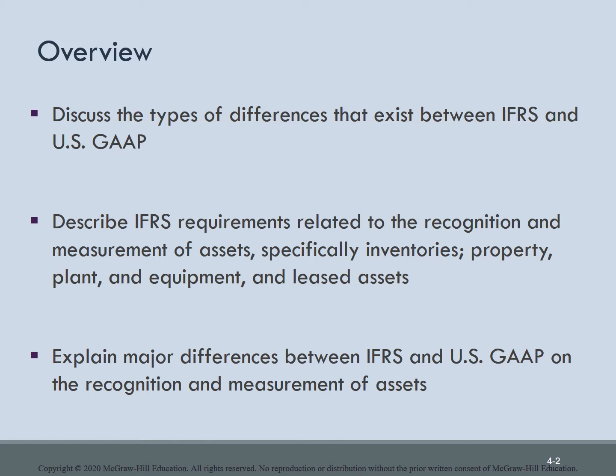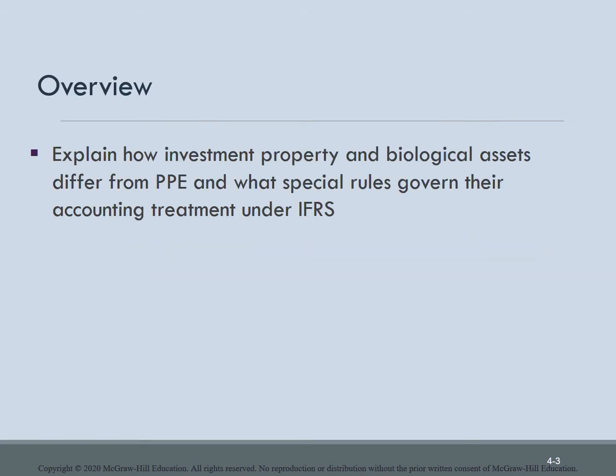We're going to talk about revaluation, we're going to talk about impairment, and then finally we're going to talk about investment property and biological assets, how they differ from PP&E under IFRS, and what special rules govern their accounting treatment under IFRS, and how that differs from US GAAP.